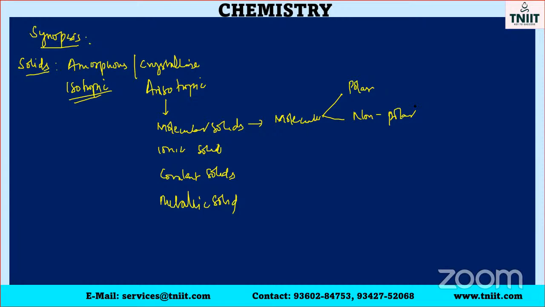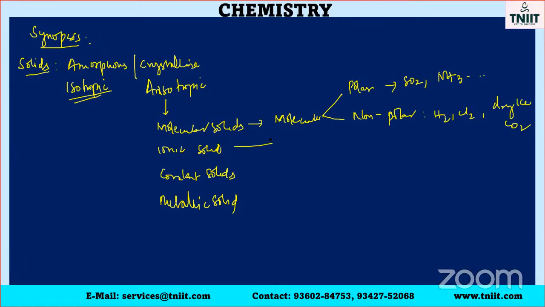Examples for a polar molecular solid are sulfur dioxide and ammonia. For non-polar molecular solid, hydrogen, chlorine, dry ice, carbon dioxide. Dry ice is carbon dioxide. All these are examples for molecular solid, which is non-polar.